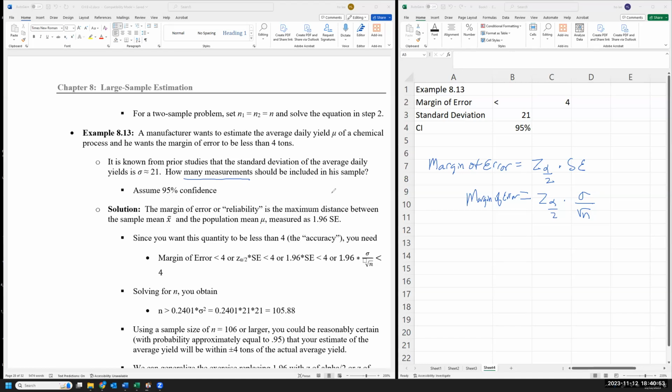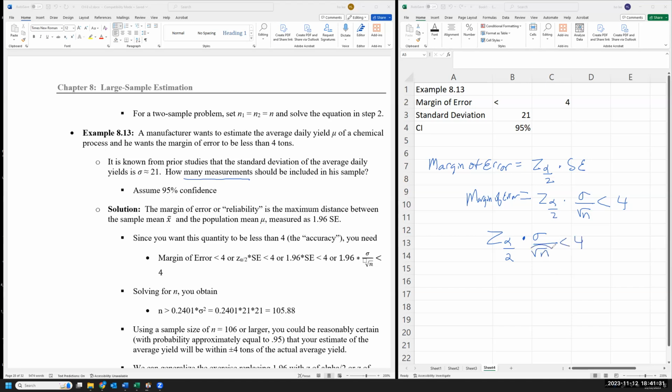Okay. So what we're going to do is solve this formula. We just want the margin of error to be less than 4. Remember, the margin of error is this expression, and we want that to be less than 4. So we have z of alpha divided by 2 times sigma divided by square root of n is less than 4.